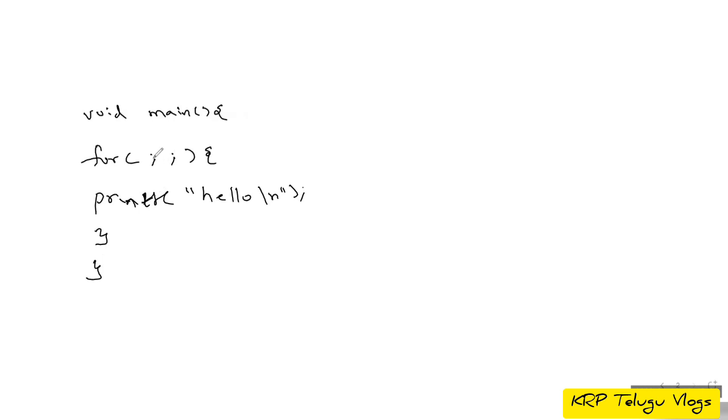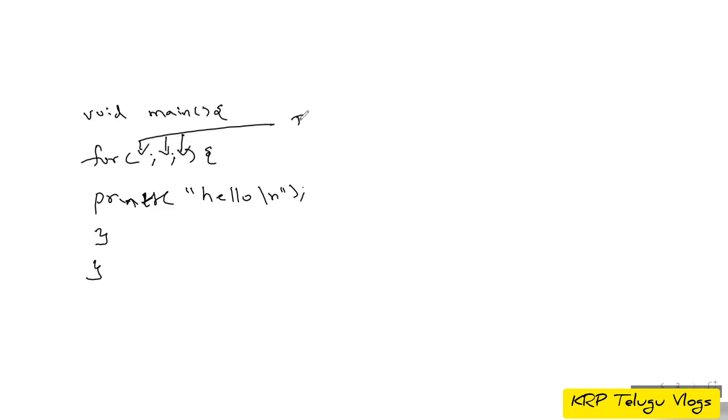Now you tell me how many times hello will be printed. Can we give a for loop like this without any condition? We can. If you don't give any condition, by default it takes it as true in a for loop.